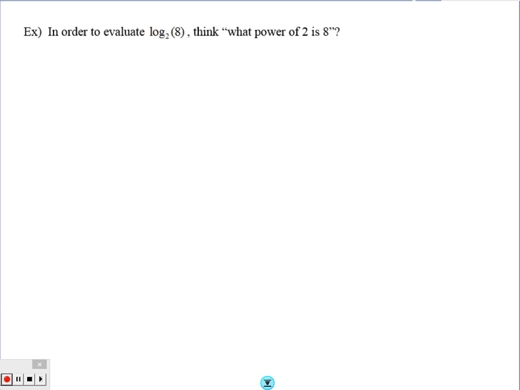So in order to evaluate log base 2 of 8, we have to think, what power of 2 is 8? My base is 2, what power, that's a question mark, will get me to 8? So I think, okay, 8 is what times what?